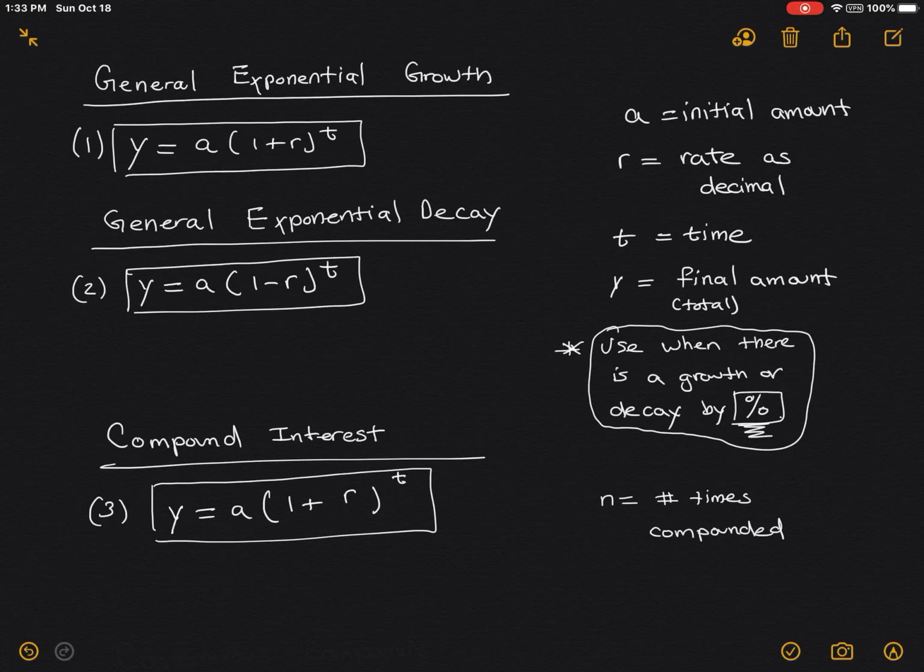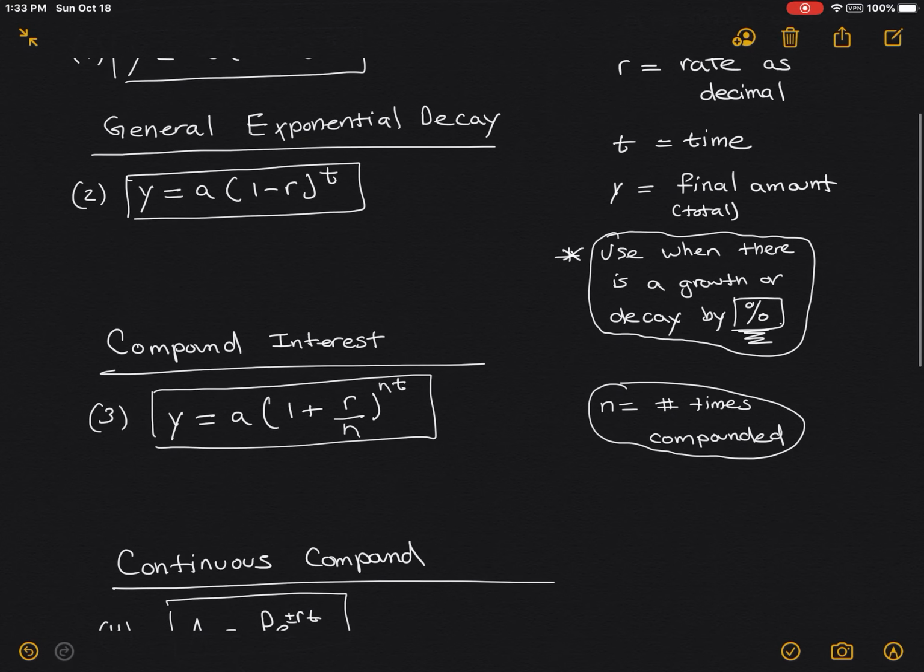But actually, all I'm going to do is include this variable right here. N is the number of times compounded. So I'm going to take my rate divided by n and also take my time and multiply by n. And there's your compound interest formula. Everything else means the same exact thing. A is the initial amount, R is the rate, n is the number of times compounded, and t, of course, is your time.